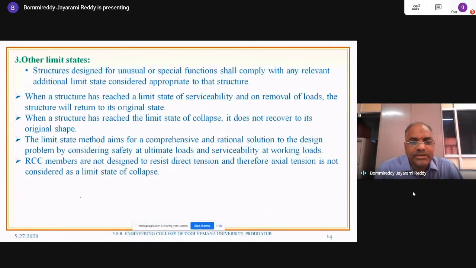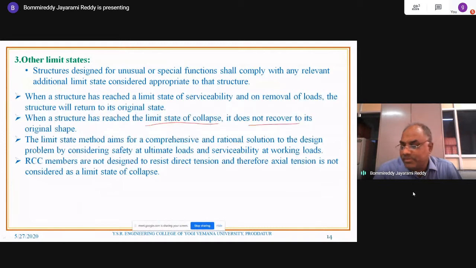The structure may reach its limit state of collapse, or its limit state of serviceability. Once it reaches the limit state of collapse, it does not recover to its original shape.